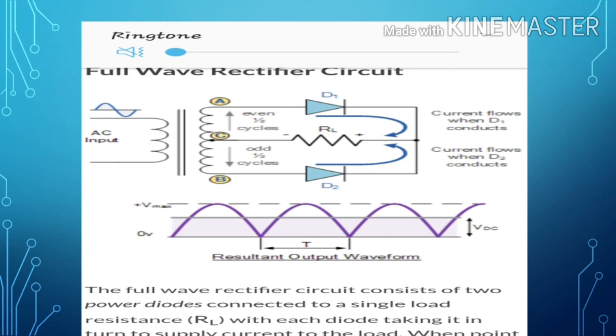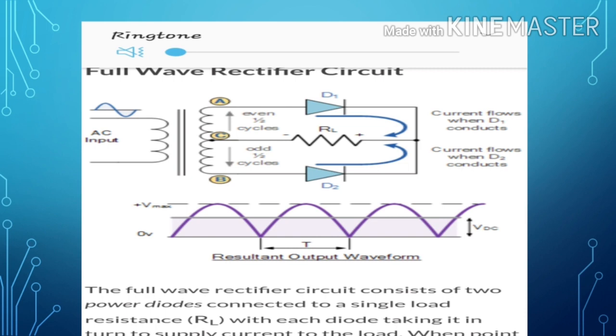But in a full wave rectifier circuit, we are using two diodes. Here also the AC input signal is fed through a center tap transformer, and the output is measured across RL, that is the load resistance.